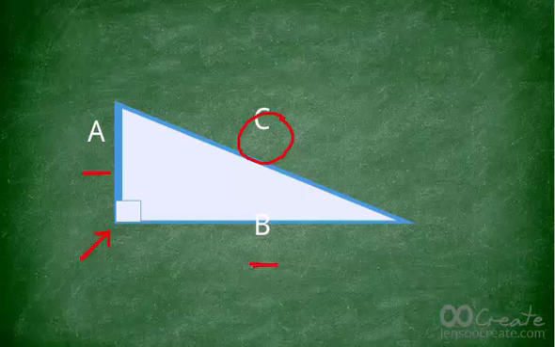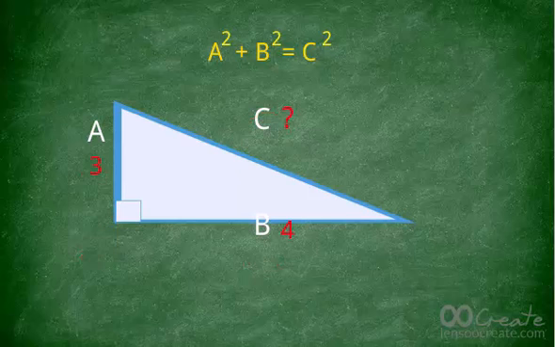And the equation for that is a squared plus b squared equals c squared. So if you multiply the length of a times itself and you add the length of b times itself, you get the length of c times itself.